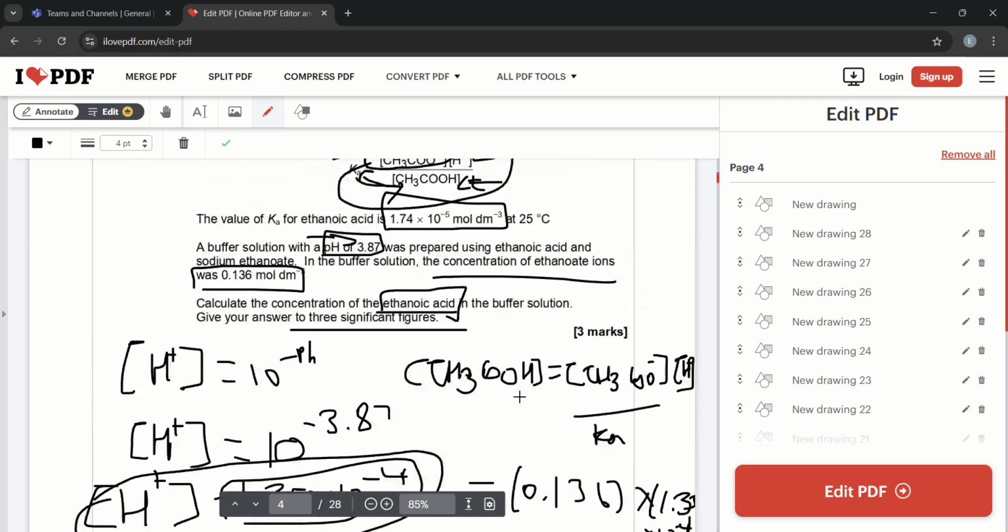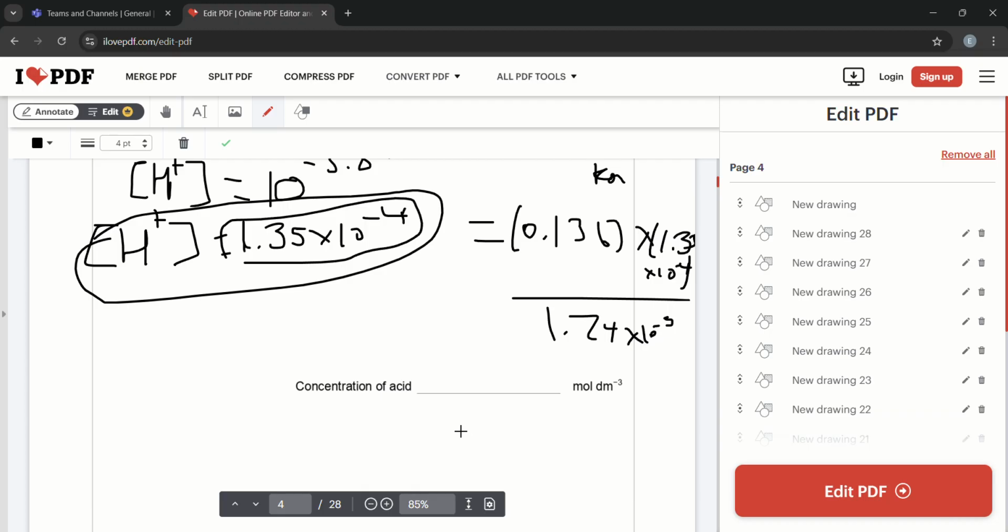And we get the answer of, well, 0.136 times 1.35 times 10 to the power minus 4 over 1.74 times 10 to the power minus 5, 1.06 mol per dm cubed.